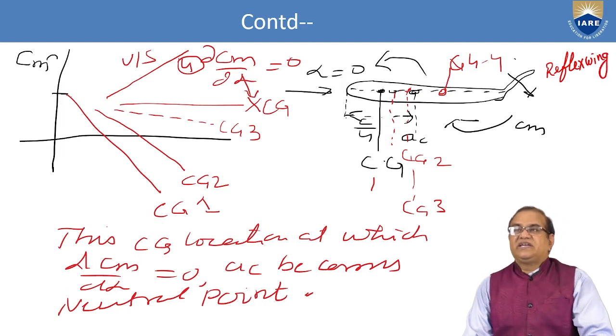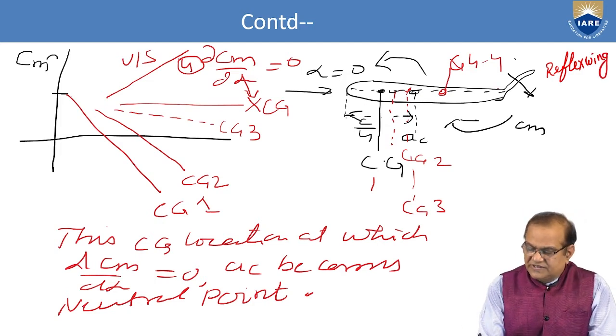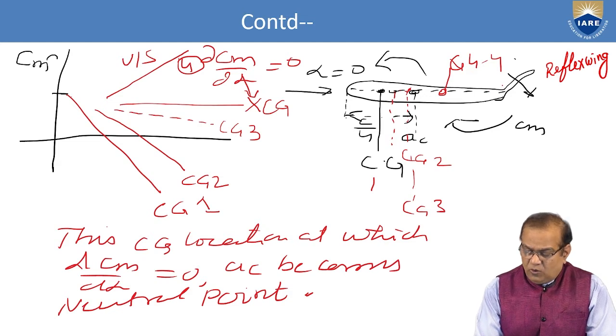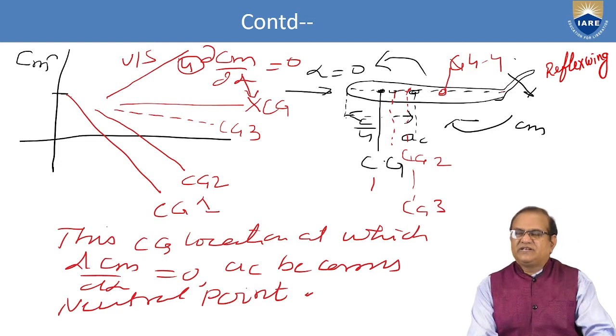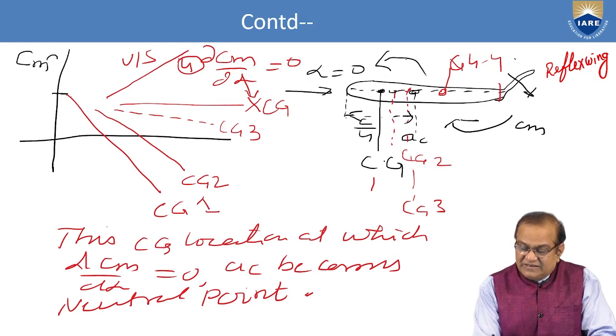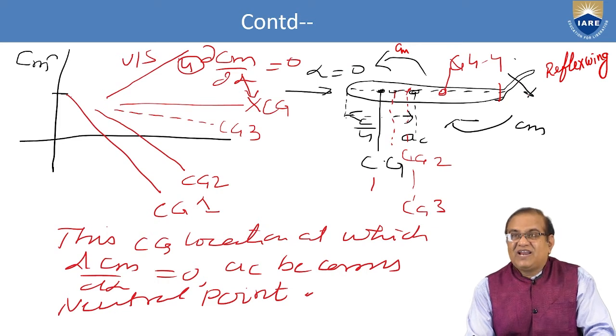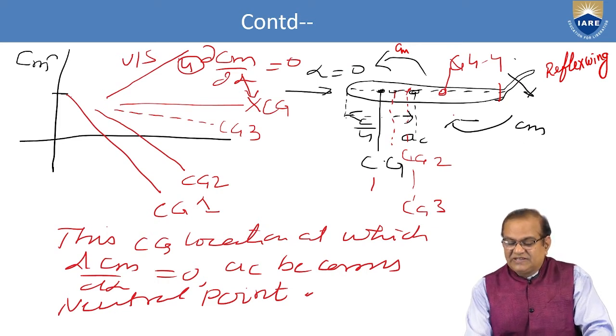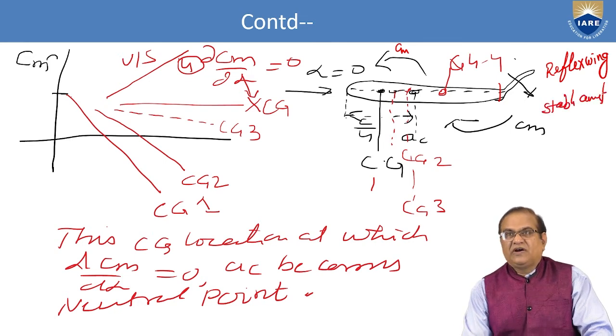What is the importance of this wing? Up to here, this wing is generating Cm in this direction, but this reflex is trying to balance this Cm, and it is making the aircraft stable. So that is the purpose of this.